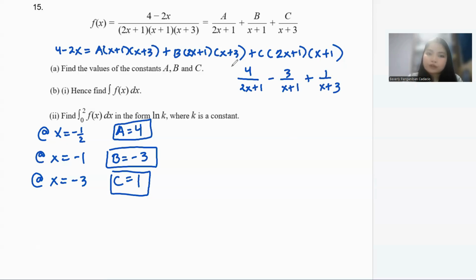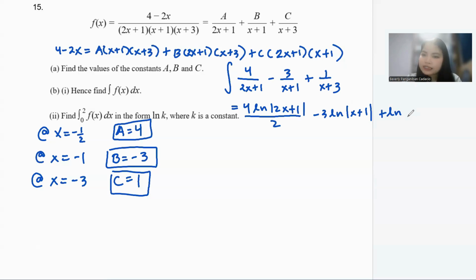Yeah. We're going to integrate. It will become 4 ln 2x plus 1. Don't forget, you're going to divide it by 2, minus 3 ln x plus 1, and plus ln x plus 3. This one, I can just simplify. 4 divided by 2, it will be 2.